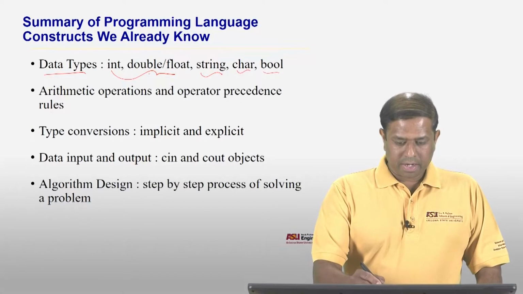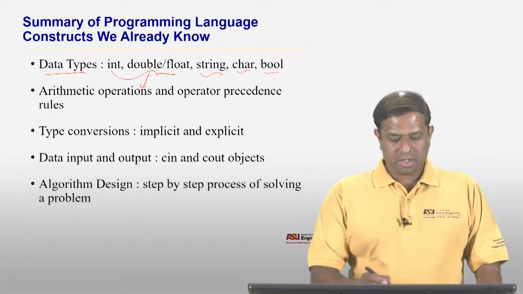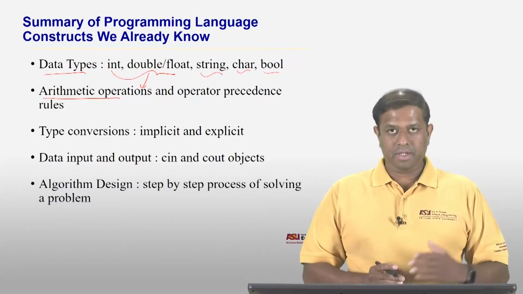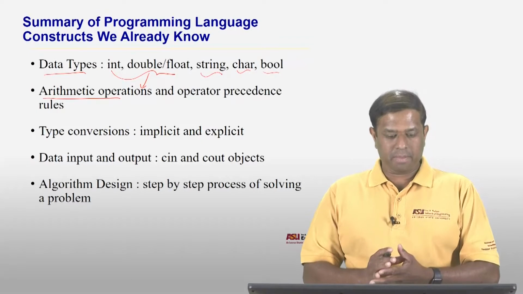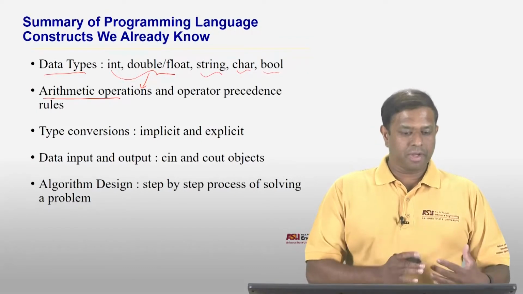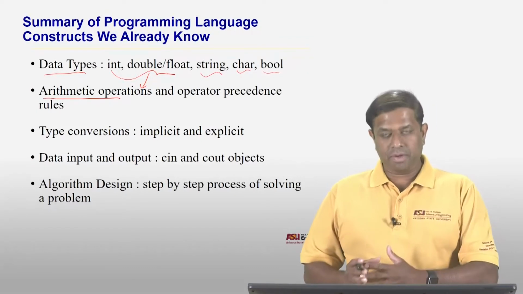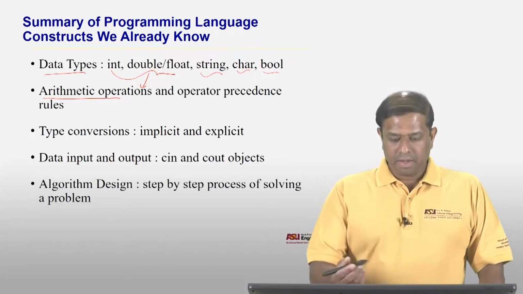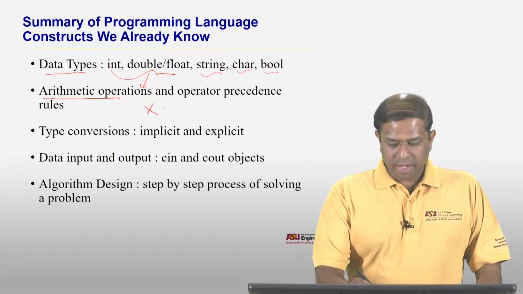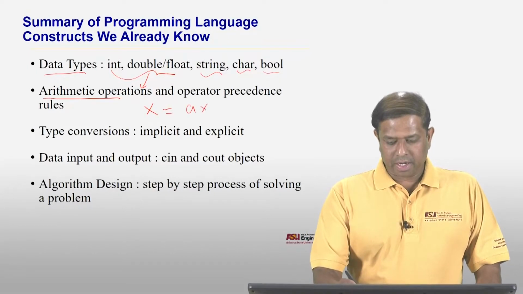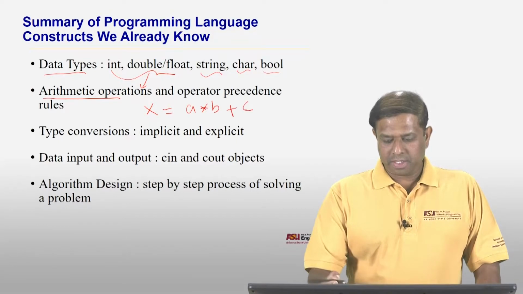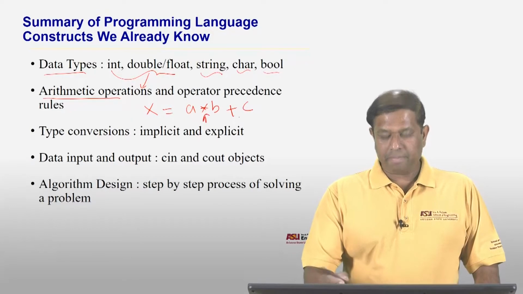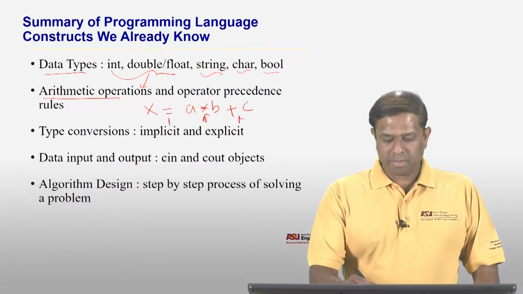Now for the number data types, especially integers and doubles, we have arithmetic operations. Together with arithmetic operations, we have what are called operator precedence rules that allow us to figure out the order in which we are going to evaluate operations if we have multiple operations in an expression, right? For example, if we have x equals a times b plus c, here we have several operators: multiplication, addition, and the assignment operator.